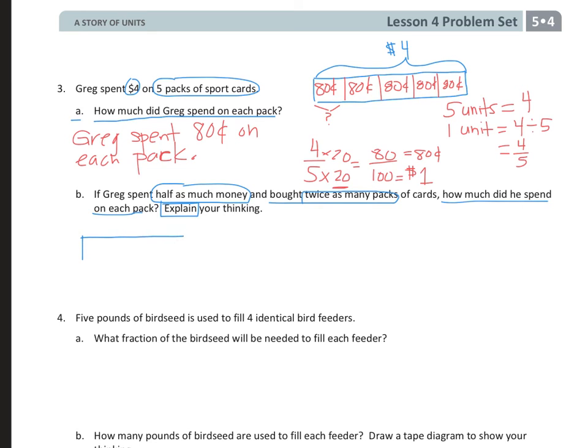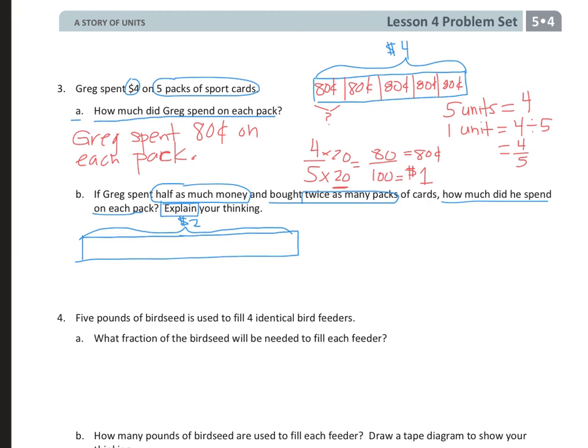So we can make a tape diagram again. Now this is no longer $4. He actually spent $2 because half of 4 is 2. The other clue was he bought twice as many packs of cards. So if he originally bought 5, that means he now bought 10.